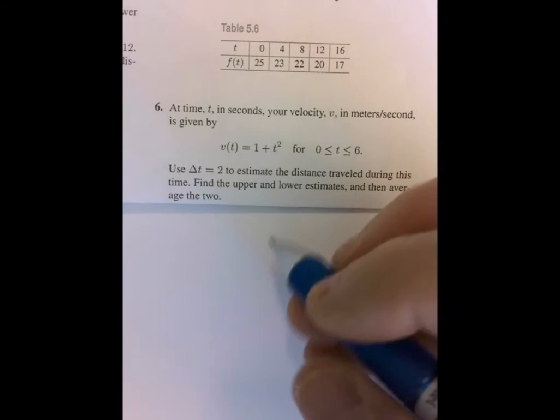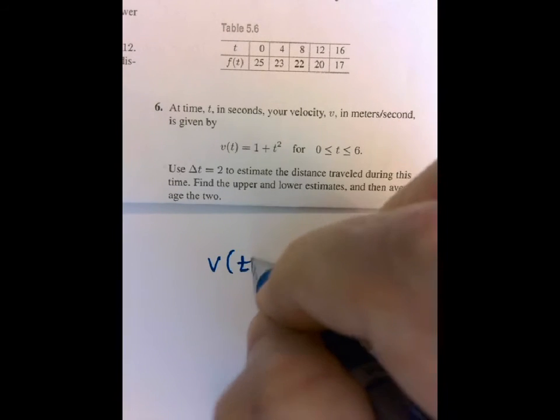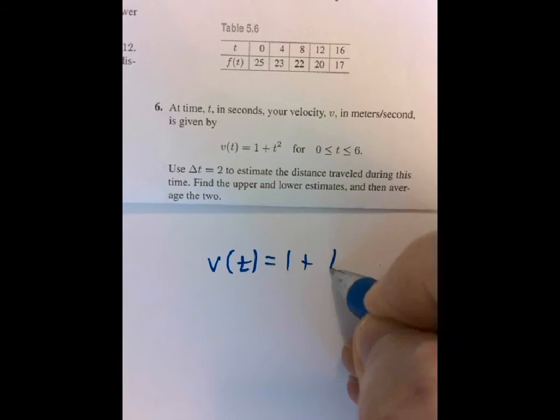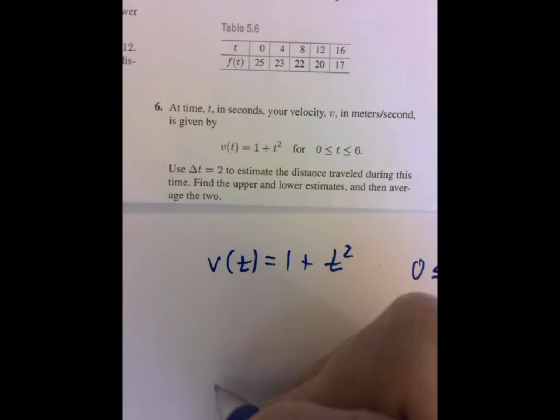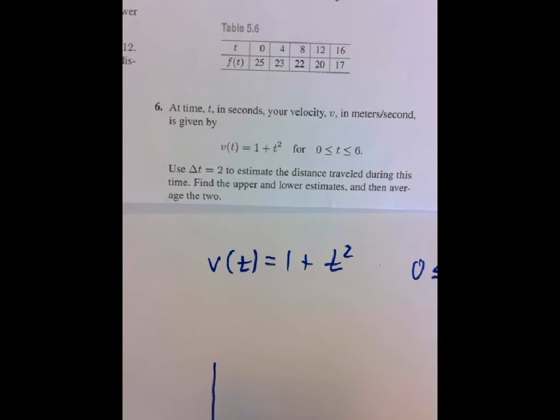Right? So we're still going to plot a graph to visualize this. So we want v of t is equal to 1 plus t squared, on the interval 0 less than or equal to t less than or equal to 6. So we're going to plot the graph, right? And to do that, we're going to make a t table.